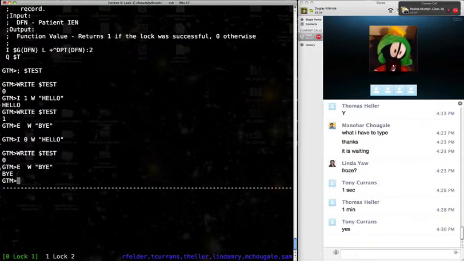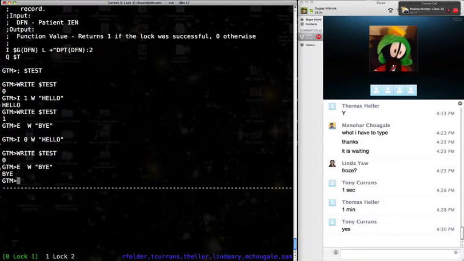This is one big use for $test, and sometimes we don't check it that directly when we're doing if and else. The other thing about $test is that any function that takes a timeout in MUMPS, like a read, an open, or a lock, if they succeed, they all set $test.